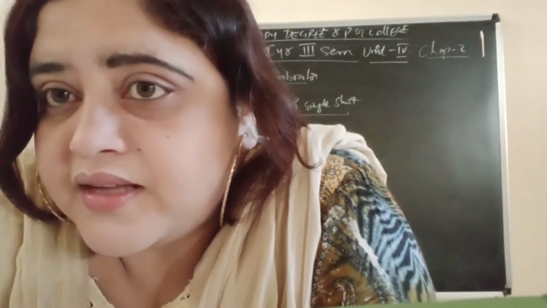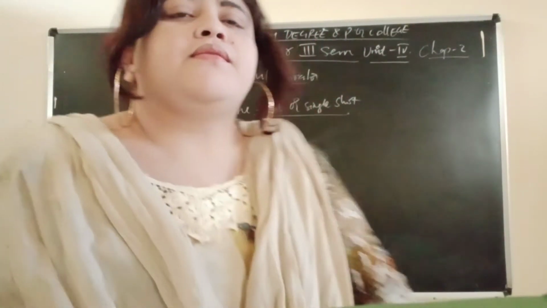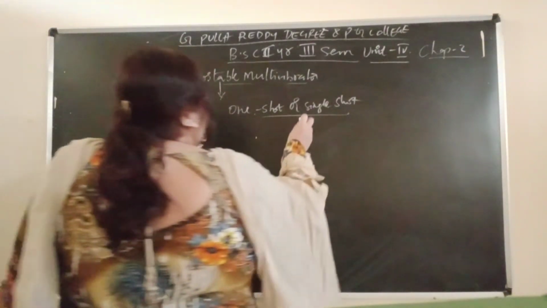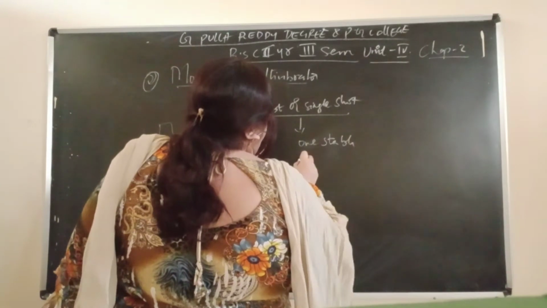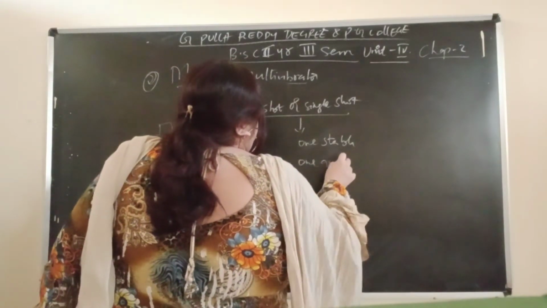But some students do not need any intimation. Automatically they will start learning when the exams are coming. That state is nothing but the quasi-stable state, which does not need any trigger pulse. Automatically it will change. So monostable has one stable state and one quasi-stable state.